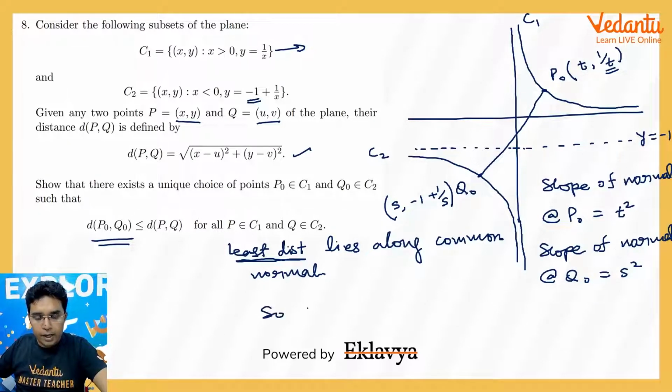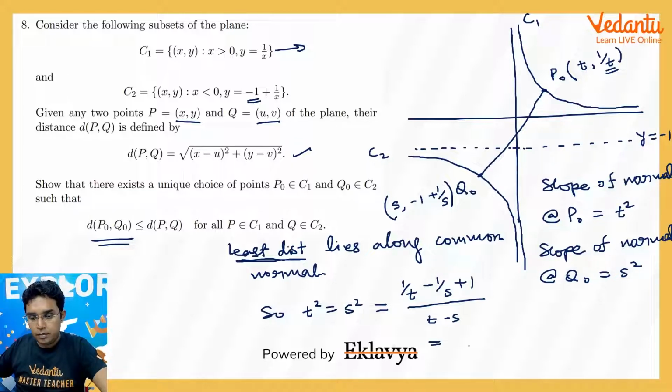So we get t square is equal to s square, and also this slope should be given by the slope joining the 2 points. So it will be (1 upon t minus 1 upon s plus 1) divided by (t minus s). I can write the last term also as minus 1 upon t s plus 1 upon t minus s.